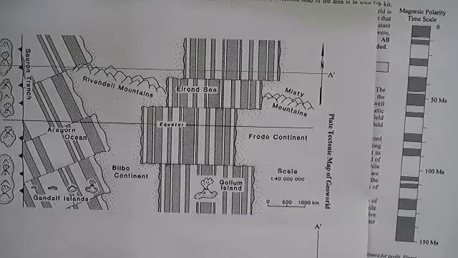And so a couple of things that we're going to be looking at. The first one is trying to figure out where the mid-ocean ridge is, and we'll call it the Hobbit Ridge. So it'd be in the middle of the ocean. And one of the things that we're going to be looking at in order to determine this is using the magnetic anomalies here.